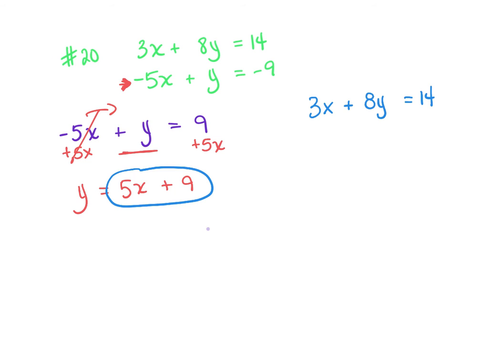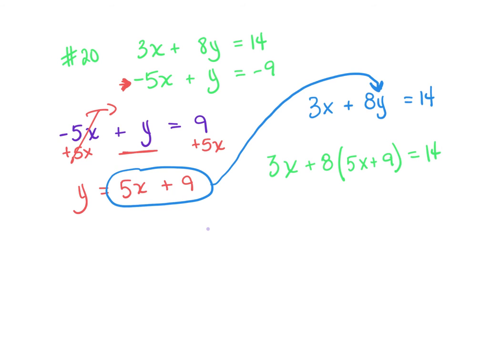So I'm going to take that group and put it into that other equation instead of y. We're going to substitute it in. So I am going to say 3x plus 8, but instead of y, I'm going to write that group, 5x plus 9, and that equals 14. So this is 3x plus 8y equals 14.